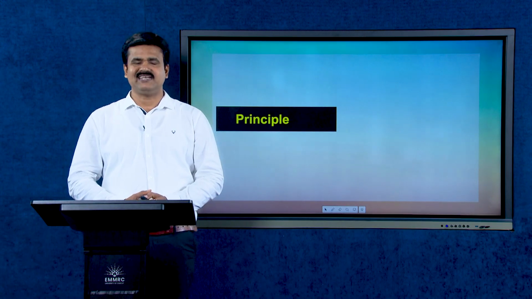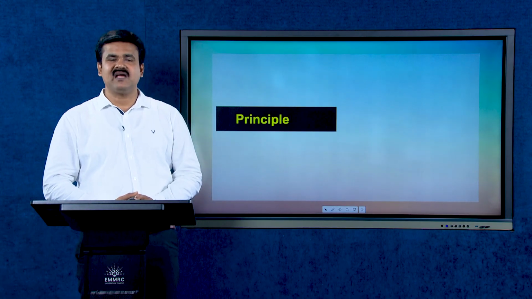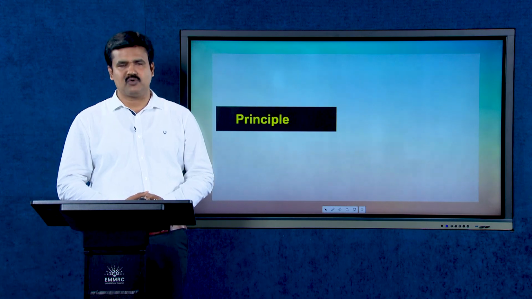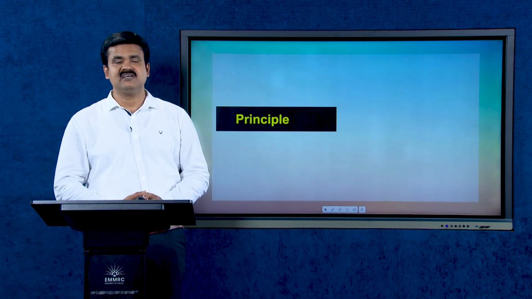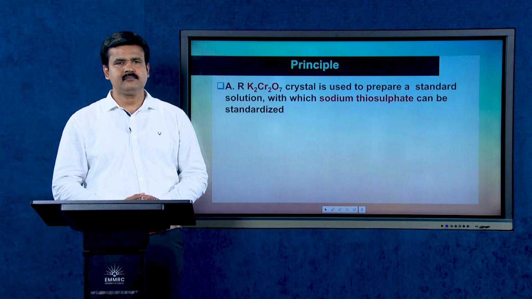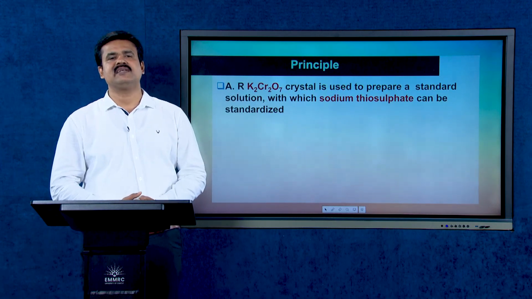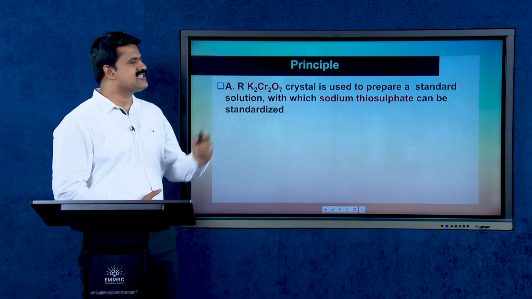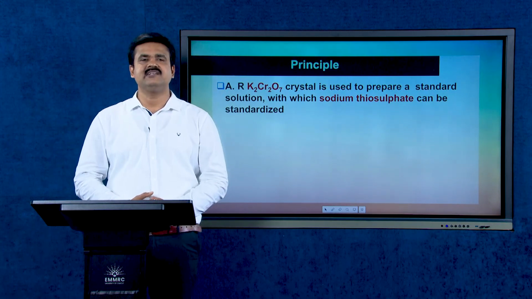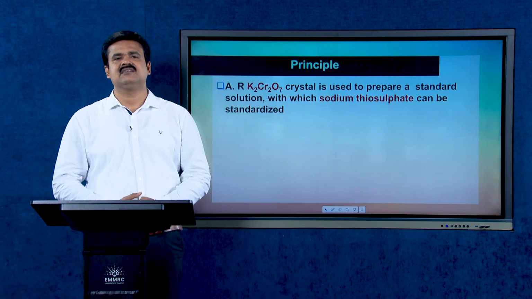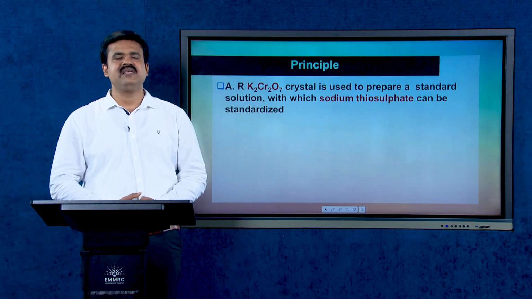We are now entering into the principle behind the estimation of copper. AR potassium dichromate crystal is used to prepare a standard solution with which sodium thiosulfate can be standardized.